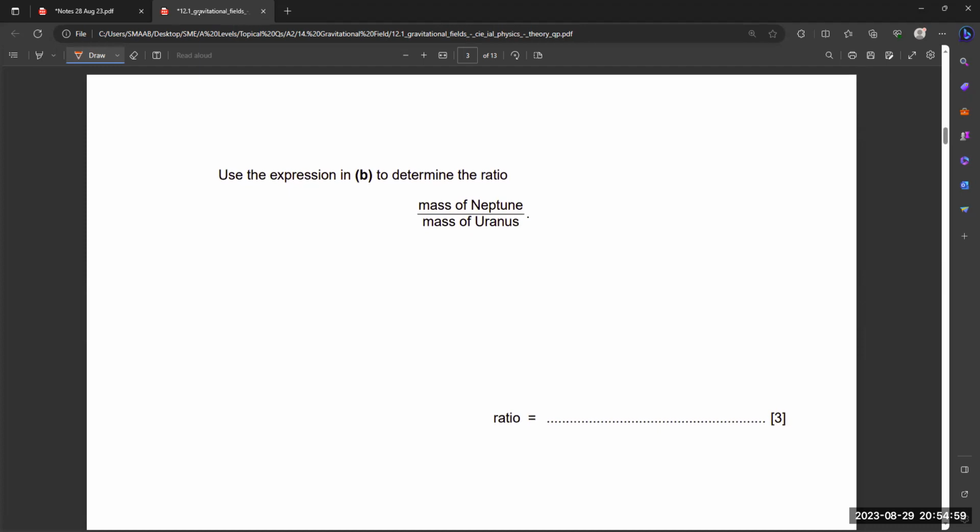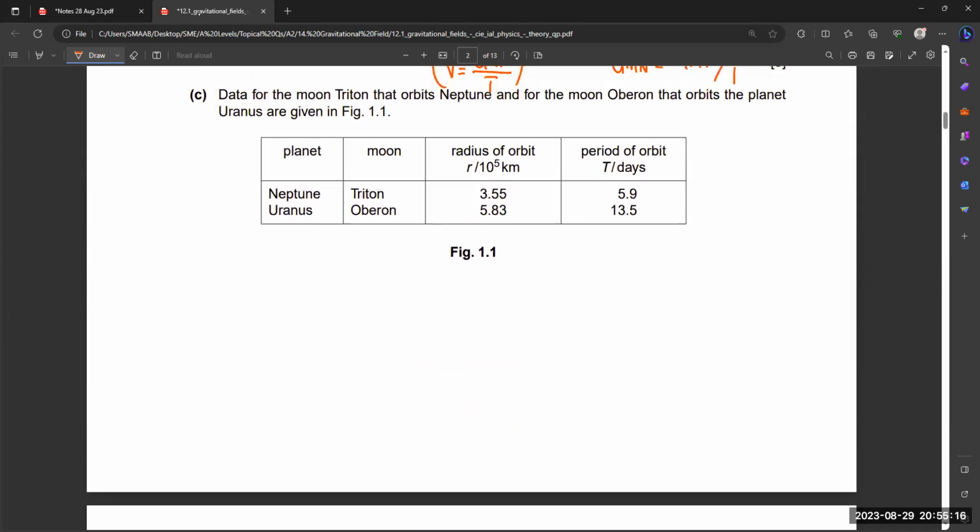So basically you need to determine the ratio of the mass of Neptune to the mass of Uranus, right? Their radius and time period are given. Their mass is not given in the question, so we need to find the mass by ourselves. Okay.